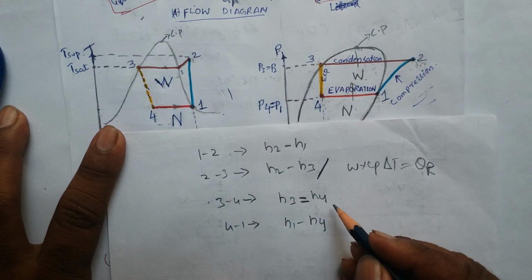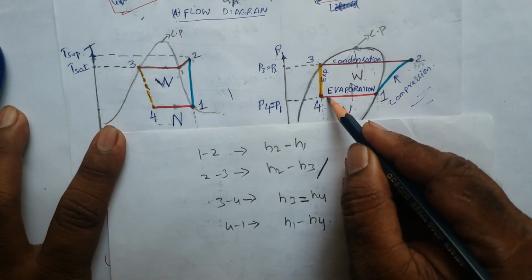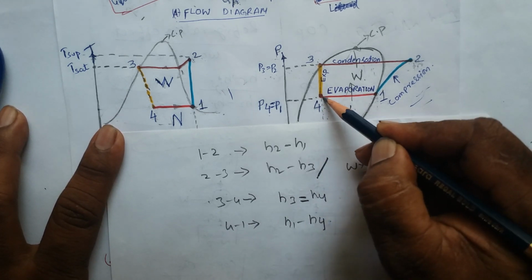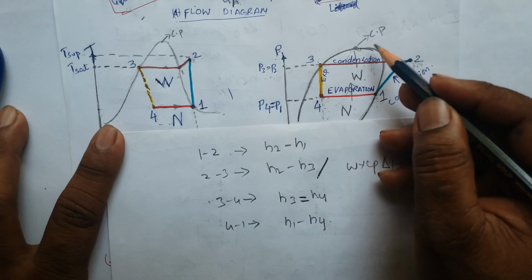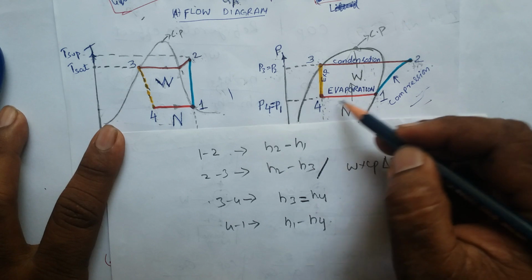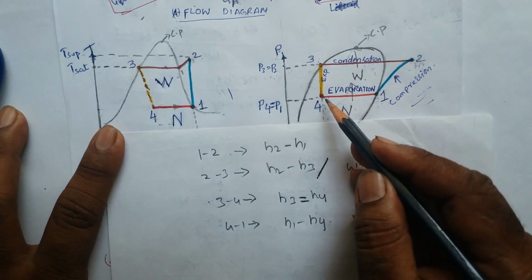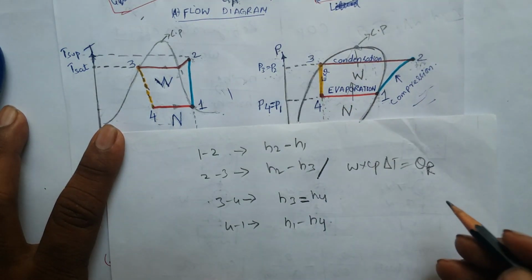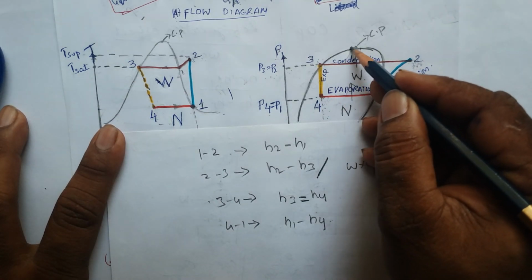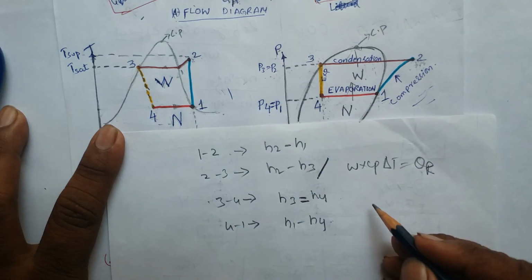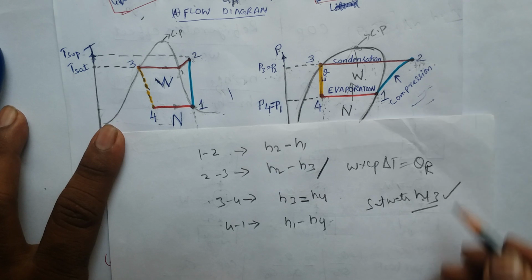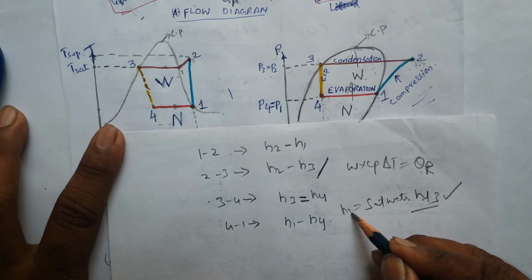But we cannot find H4 because this point is not coincident with the saturated liquid line in the evaporation region. So in place of H4 we can write H3. The H3 point is coincident with saturated liquid, so we can say HF3.